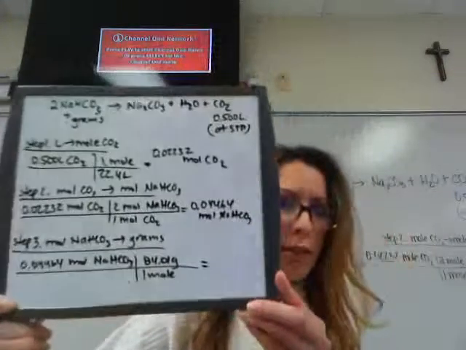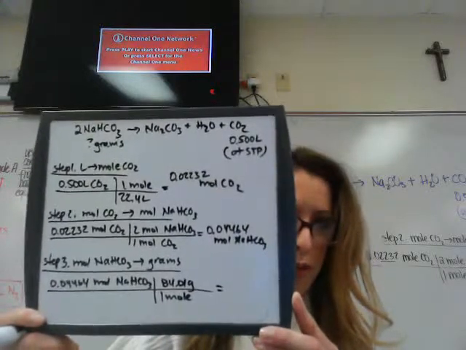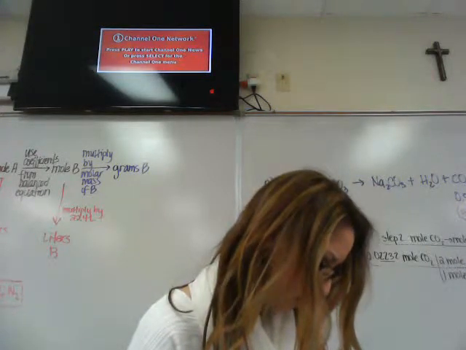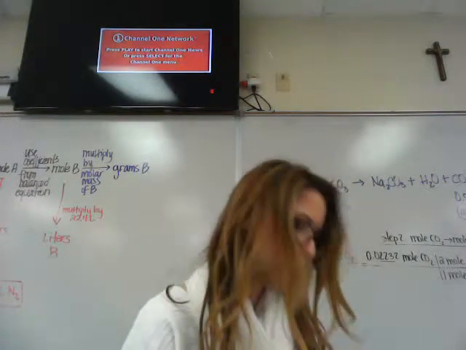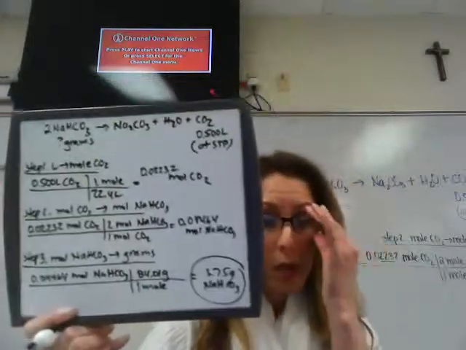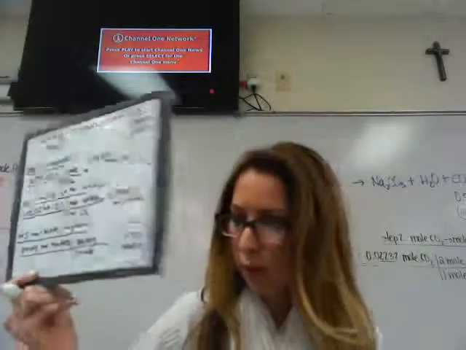Okay, the molar mass is 84.01. When you multiply, you're going to get 3.75 grams of NaHCO3. So that's your answer, okay? And you have to follow the flow chart that I wrote in the very beginning.